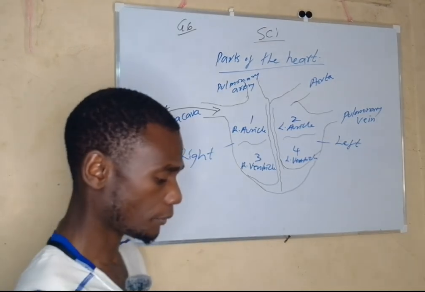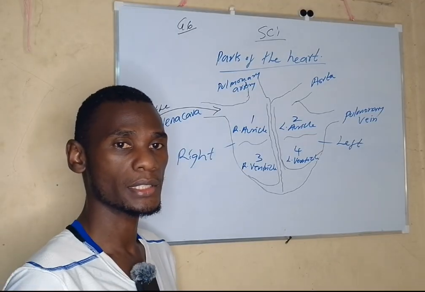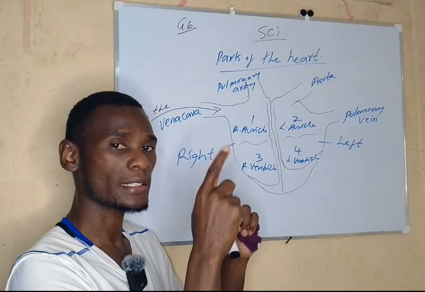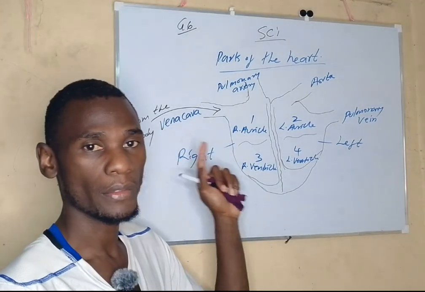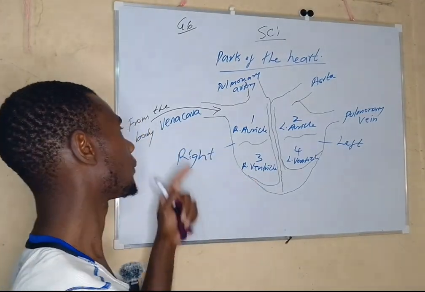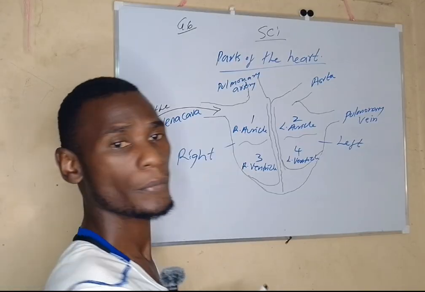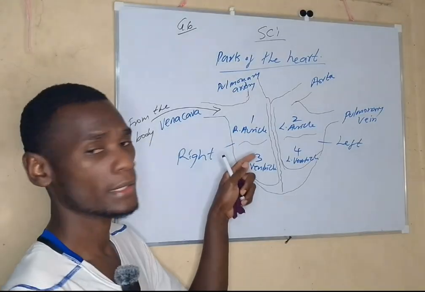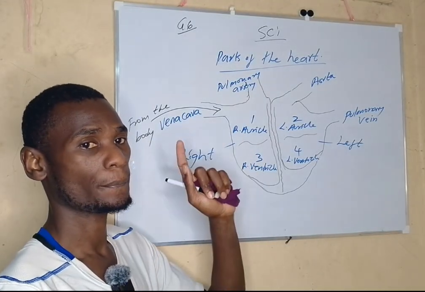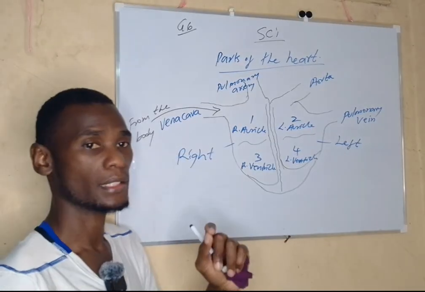That means the blood from our bodies going back to the heart will get into the heart through the vena cava. That is the first part.